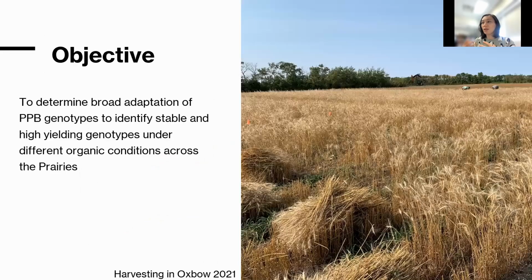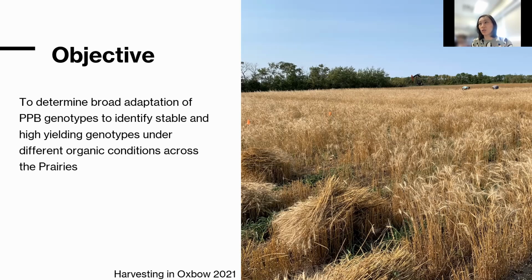So the objective of this study was to determine the broad adaptation of the PPB genotypes to identify stable and high yielding genotypes under different organic conditions across the prairies. Now, this is done across the prairies all the time for registration processes. A genotype that is being put forward for registration needs to show very good yield stability, very good broad adaptation, and very good yields.